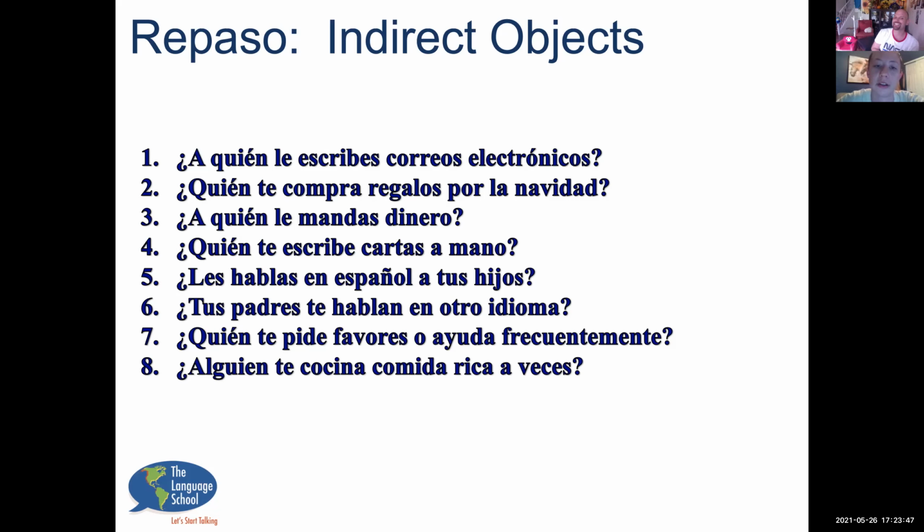So, Carly, ¿a quién le escribes correos electrónicos? Yo le escribo correos electrónicos a mi patrón. Perfecto. ¿Quién te compra regalos por la Navidad?